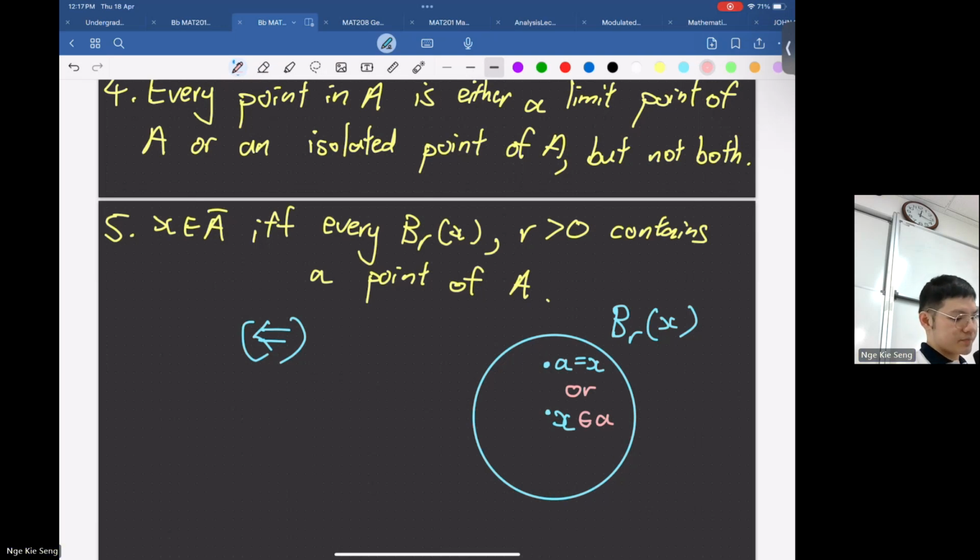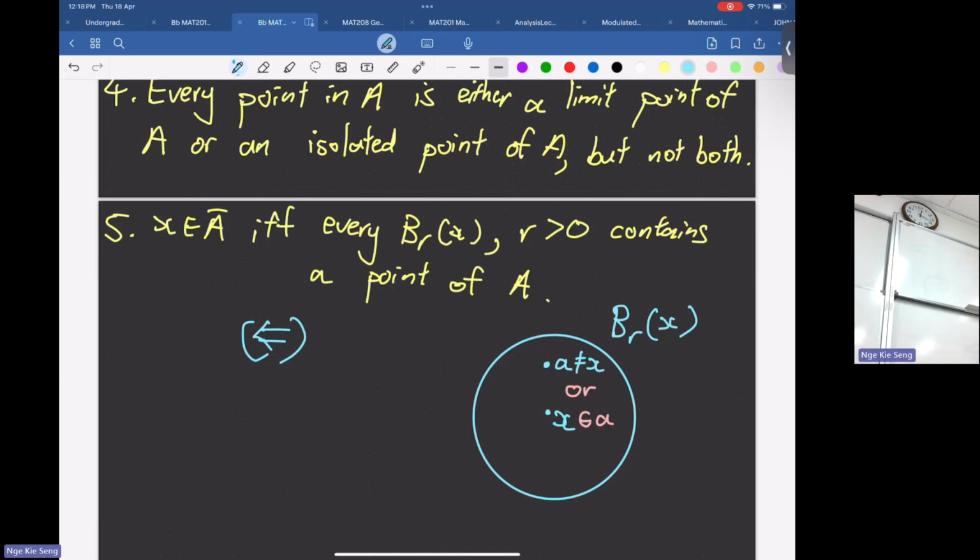So how to argue? I should say here not equal. One case: you have another point that's not equal to x.